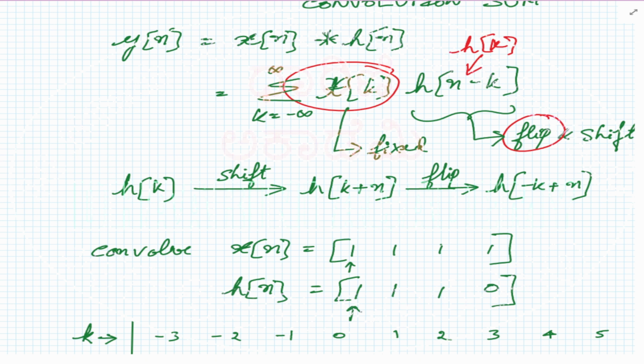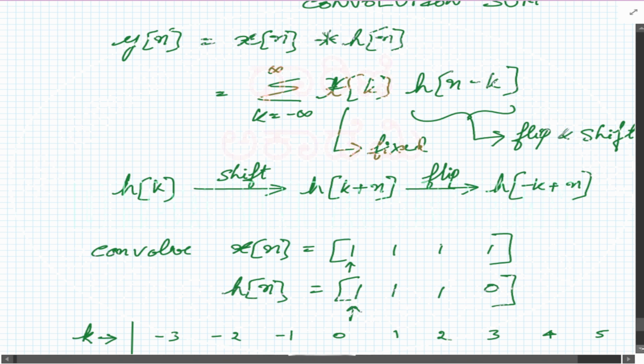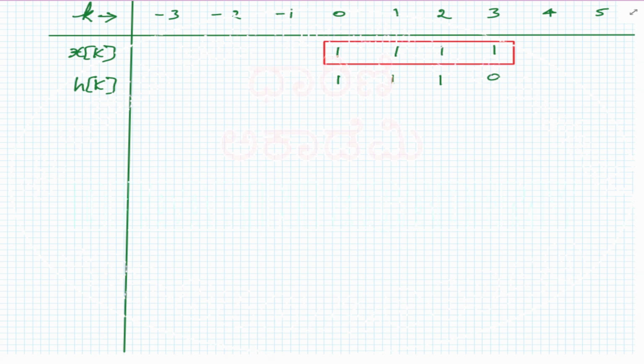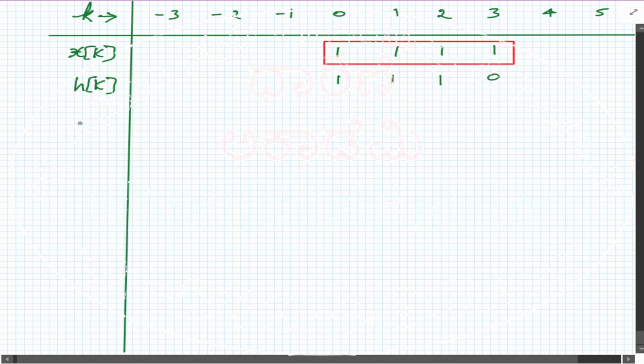When there is k, that means there is a shift by k. The process says that you have to flip, my mistake. So what is flip? Flip is simply h of minus k, correct?